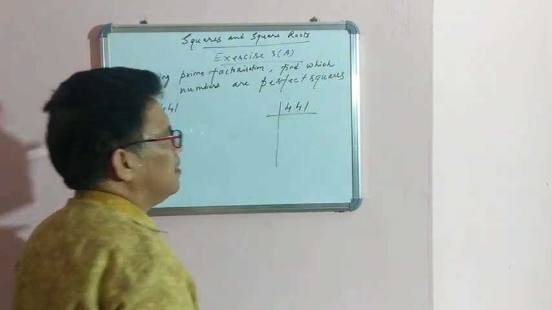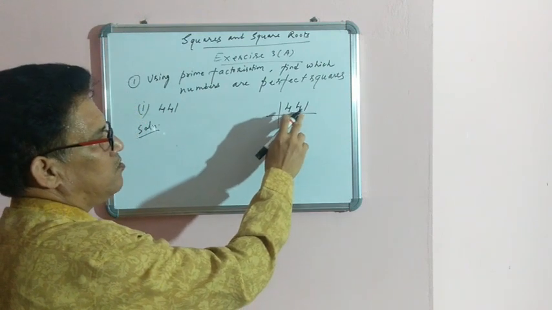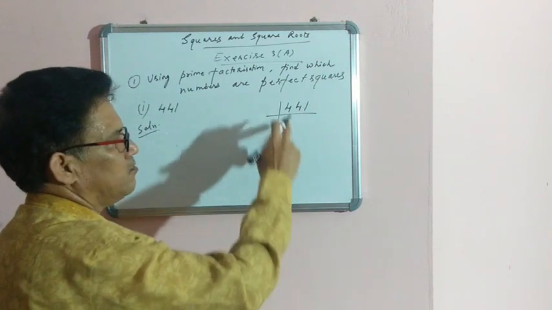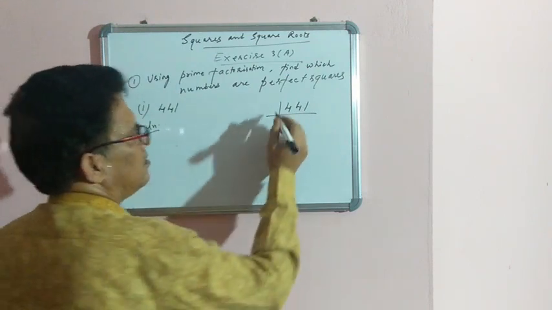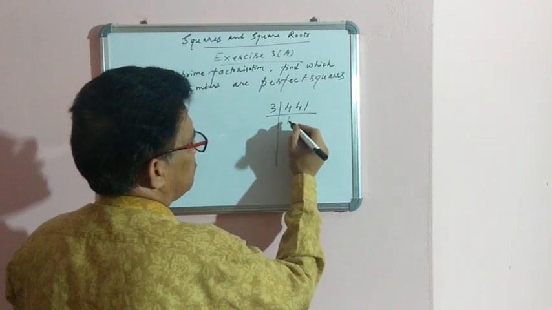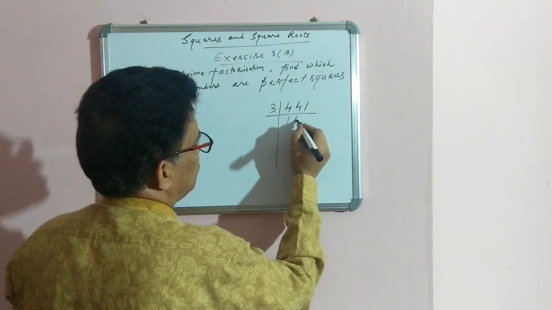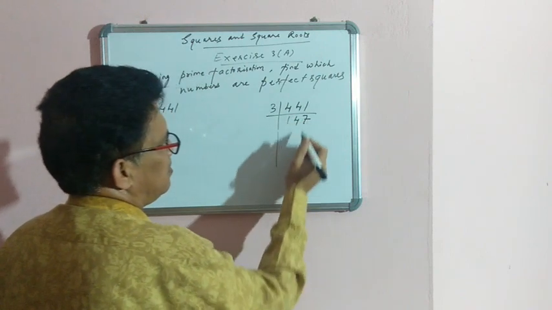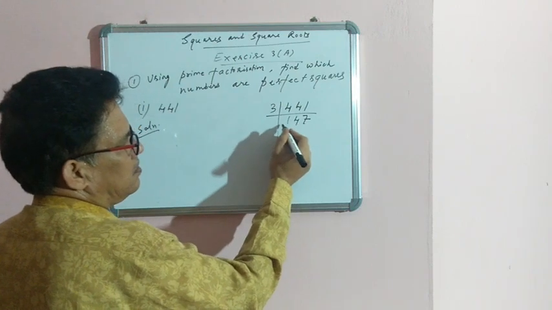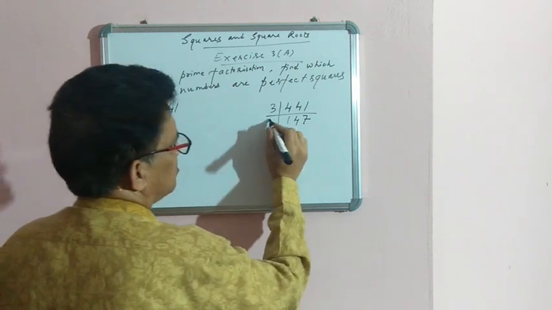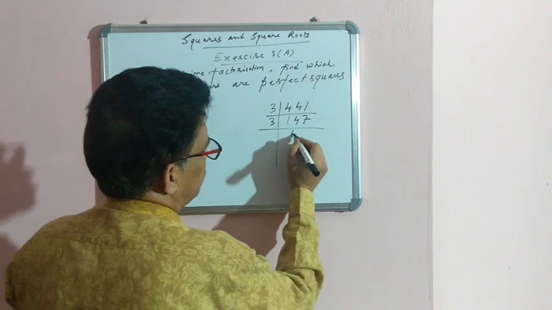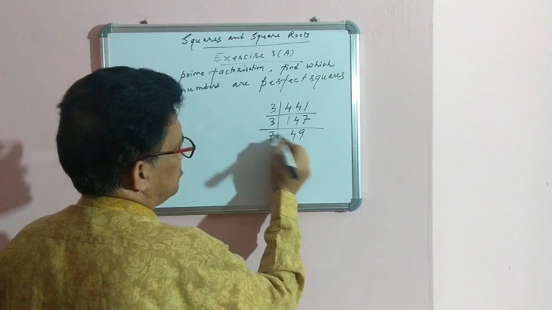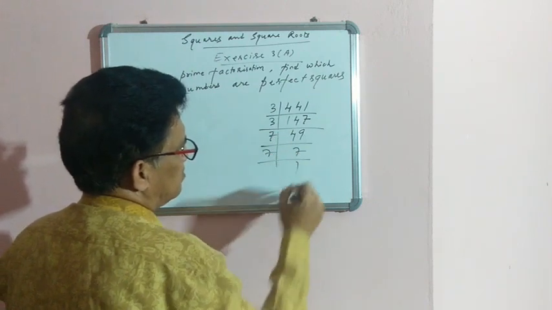The sum 4 plus 4 plus 1 is 9, and 9 is divisible by 3, so this number is divisible by 3. We divide by 3: 3 ones are 3, 3 fours are 12, remainder 2, 21, 3 sevens are 21, so we get 147. Now check again: the digit sum is 12, which is divisible by 3, so the number is divisible by 3. 3 fours are 12, 3 nines are 27. Now we get this.